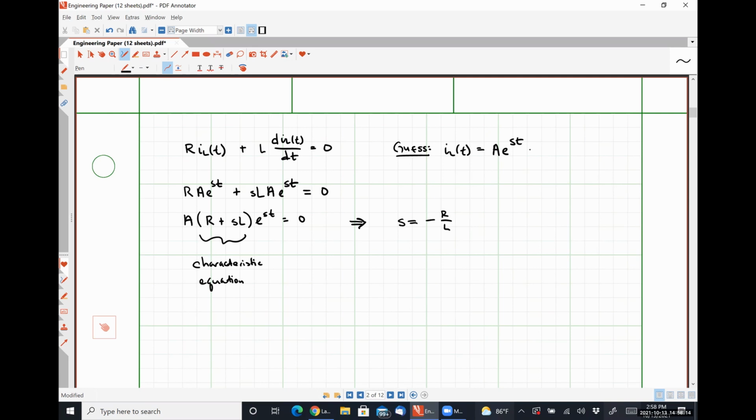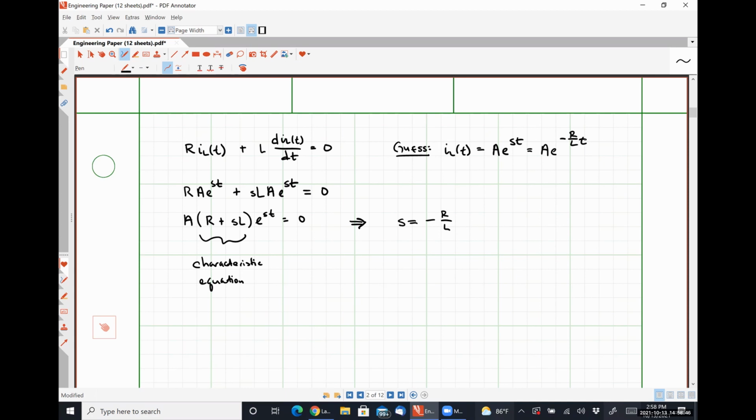So we can update our guess now: A e to the negative R over L t. All right. So now we need to figure out what A is. This actually is pretty simple, okay? Since we're dealing with an inductor current, we know that the inductor current cannot change abruptly.